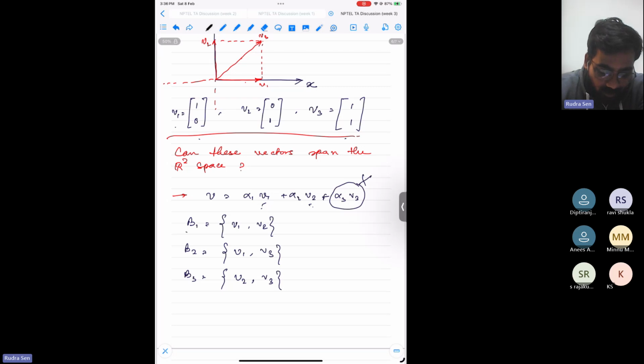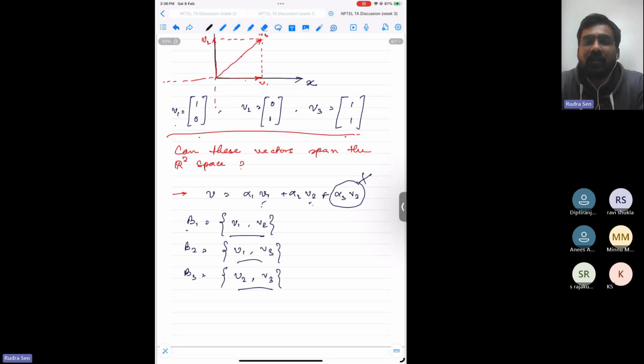So a basis is a set of vectors that are linearly independent and span the space. In the set of basis vectors, the number of vectors defines the dimension of the system.